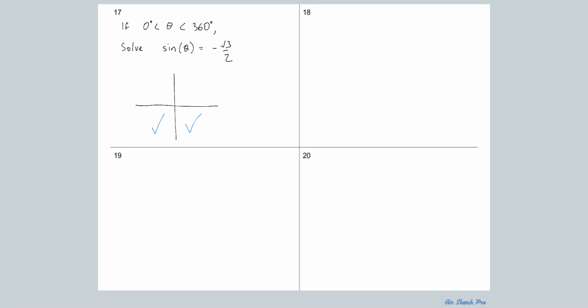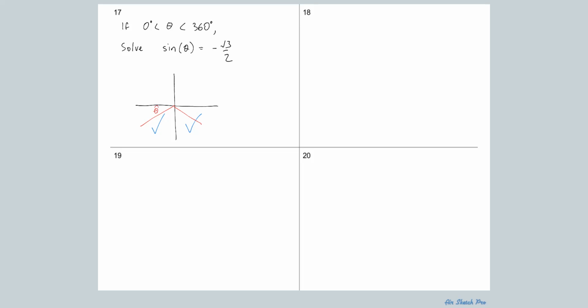The next thing we note is that in order to work out what theta is, we need to know the acute angle. So that means that it must either be here or here. And we need to work out what theta hat is.